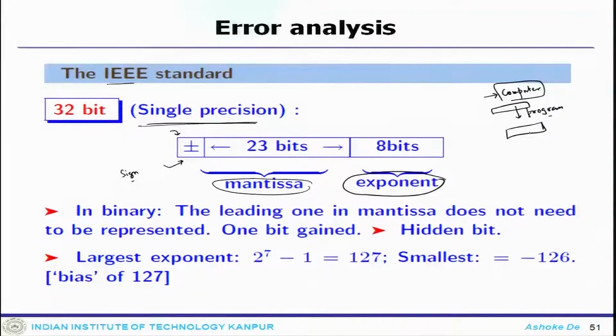Every program could be written in some programming language, the oldest one being Fortran, then C, C++, Java, Python, anything. These are all called programming languages. And a programming language has some sort of handshaking with the hardware.